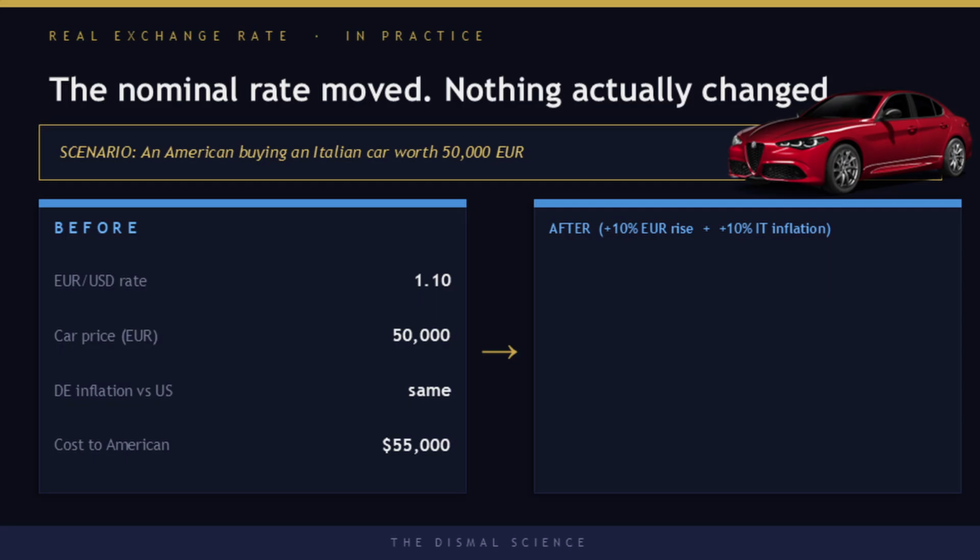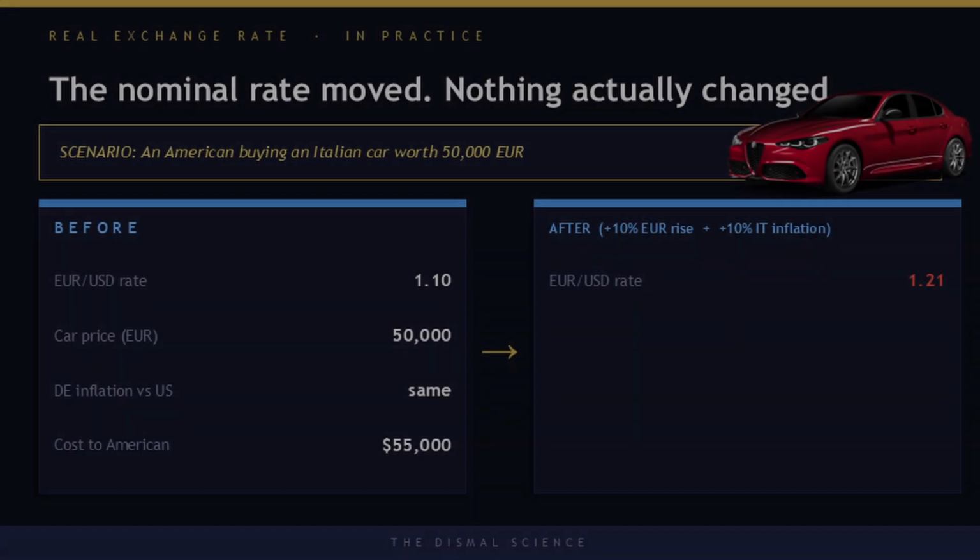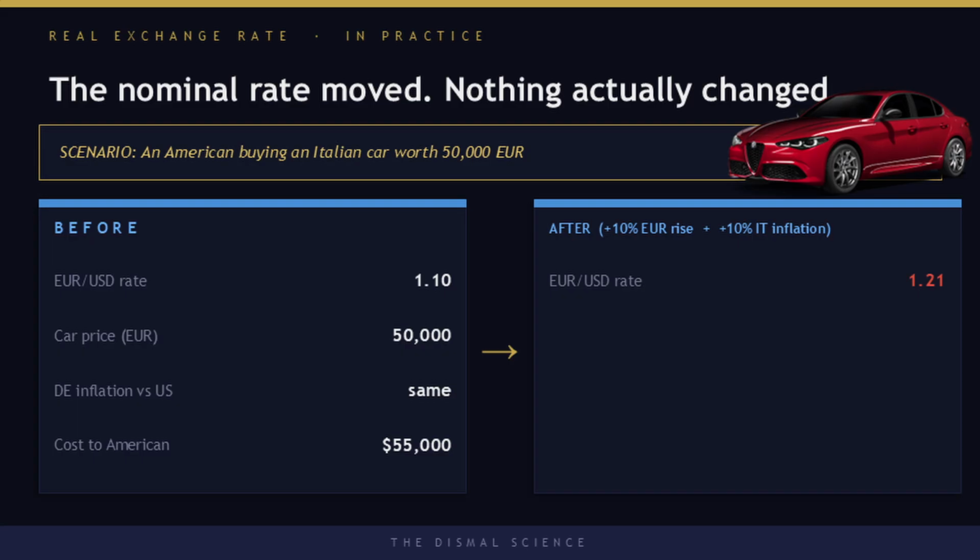But now let's look at it if we also have inflation. So now the exchange rate is at 1.21, the car price is at 55,000 euros, and now the inflation rate is at 10% as discussed, but the cost to an American is still the same at 55,000 US dollars. So the change in the exchange rate and inflation cancel each other out. And that's what the real exchange rate captures.